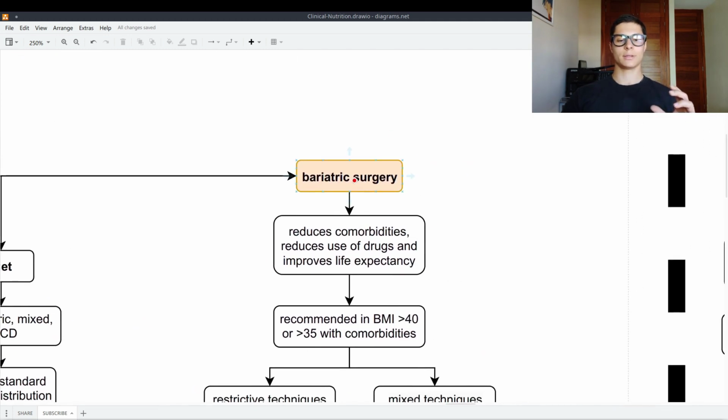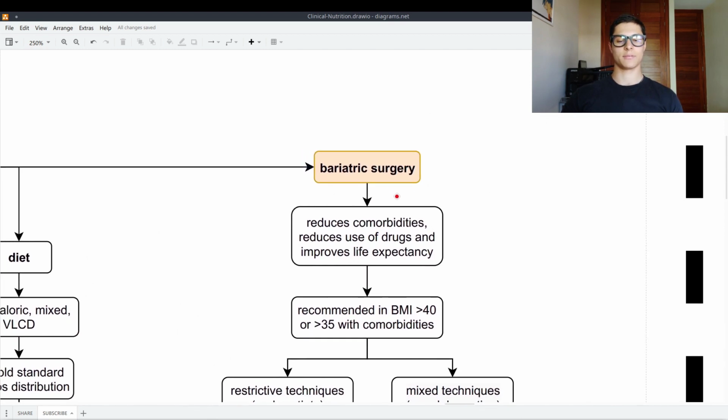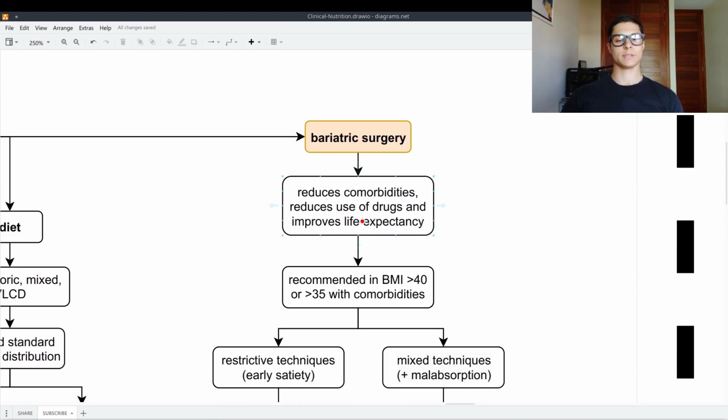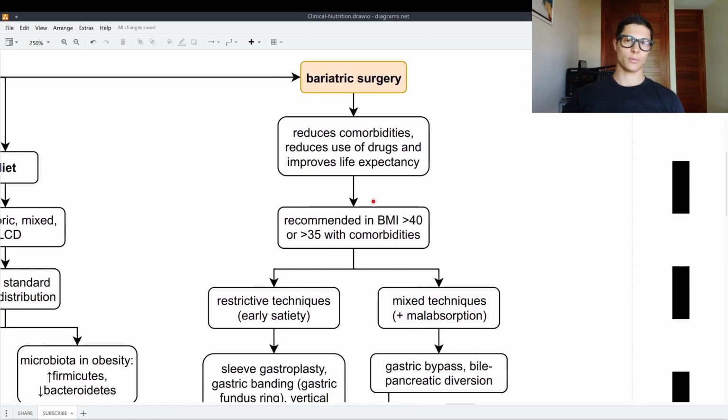And now let's take a look at the bariatric surgery as a third remedy. It reduces comorbidities, it reduces the use of drugs, and it improves the life expectancy. It is recommended for people that have a BMI over 40 or a BMI over 35 with comorbidities.